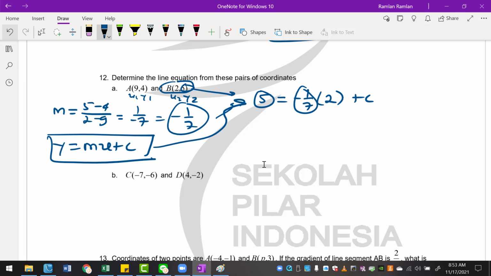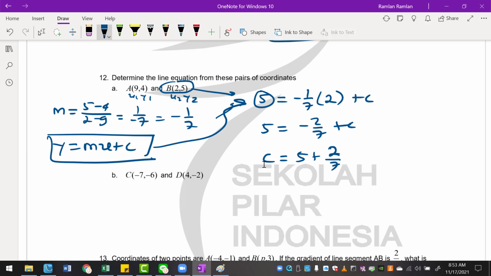This method is to find the value of c. Okay, so we get 5 equals minus 2 over 7 plus c, so that makes c equal to 5 plus 2 over 7. So that will be 37 over 7. Yeah, that is the value of c.